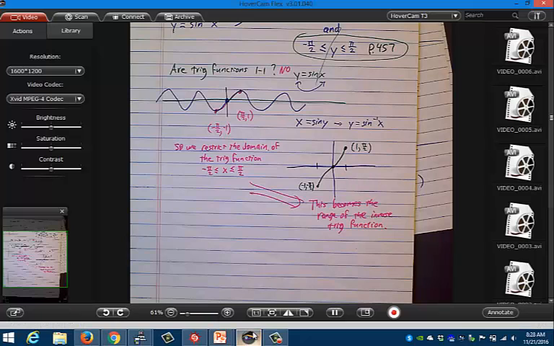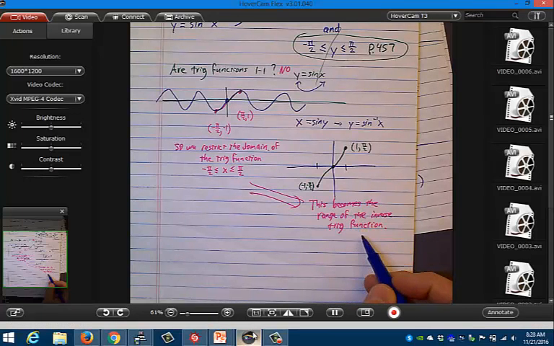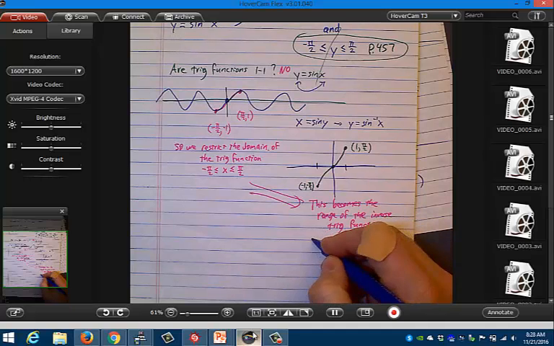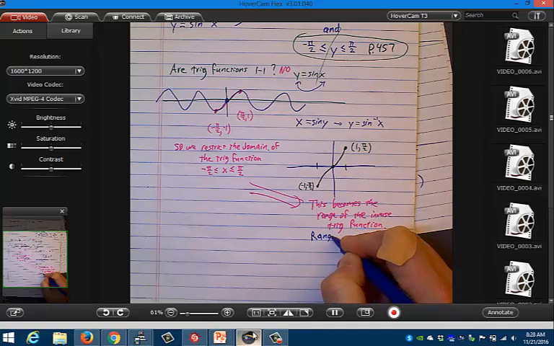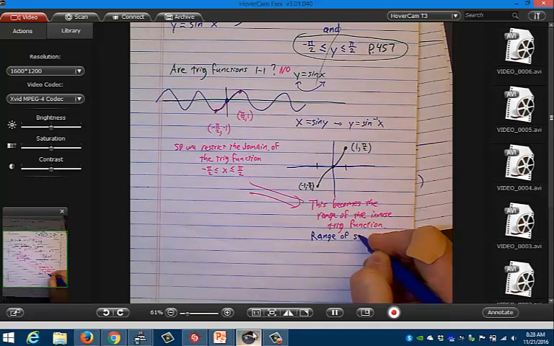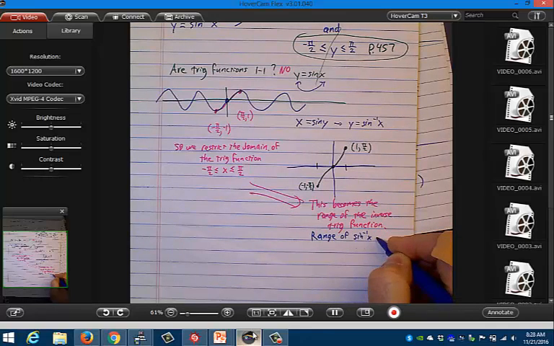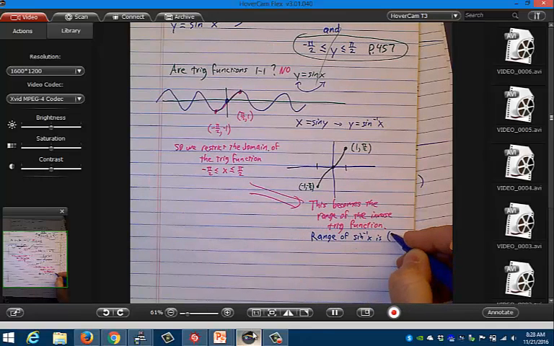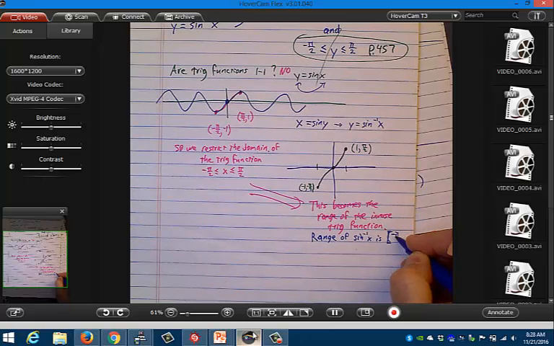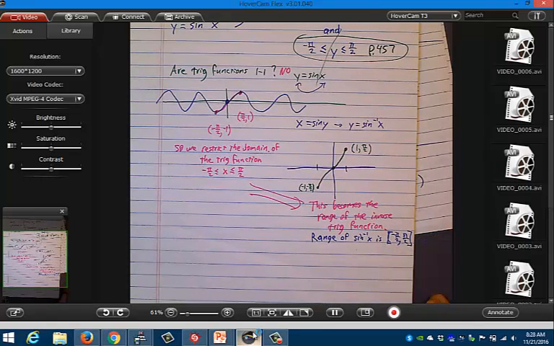Right. So look at what we just wrote down. We said this becomes the range of the inverse trig function. Again, the range of arc sine of x is negative pi over 2 to pi over 2 inclusive. So I'll put the brackets. That's the range, right?